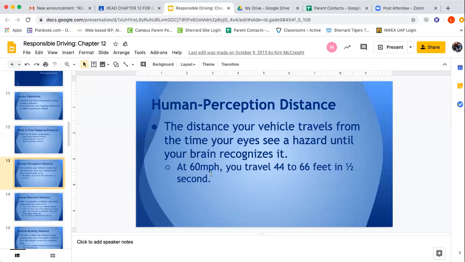So at 60 miles per hour, you travel 44 to 66 feet in 1/2 second. So that looks like something that you probably need to keep in mind.